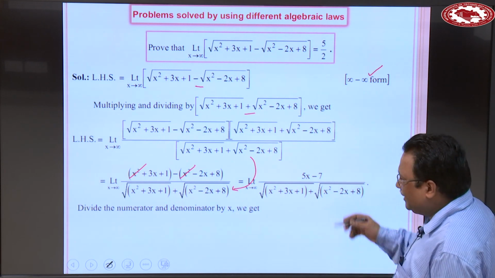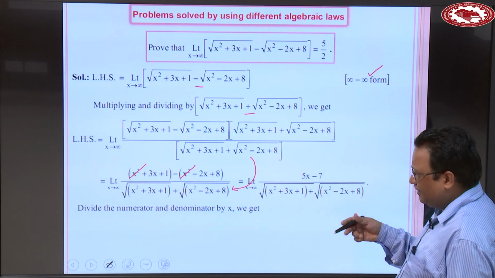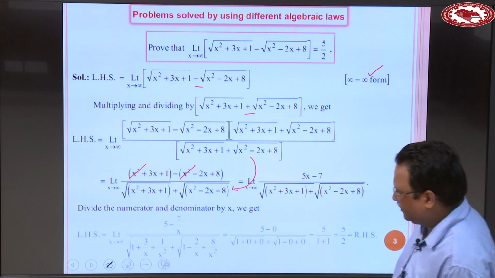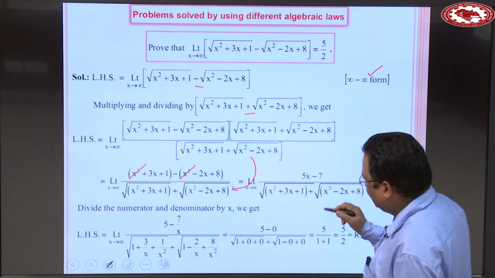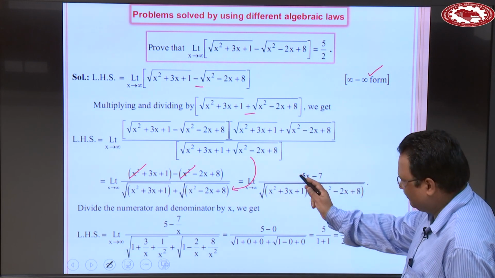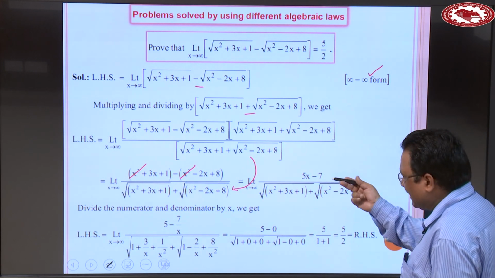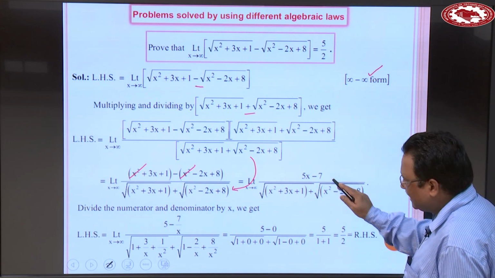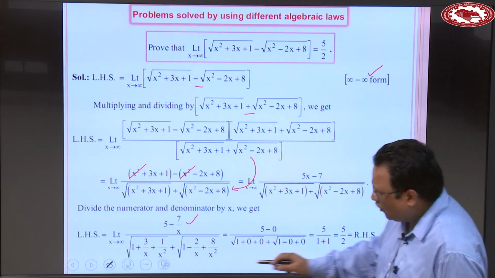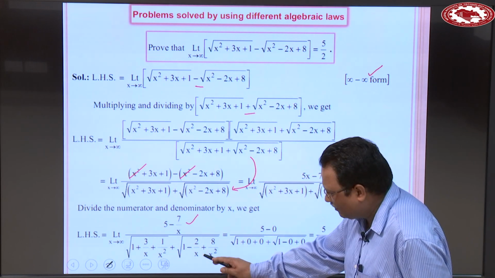Now, divide the numerator and denominator by x. So, when you divide the numerator and denominator by x, we obtain limit x tend to infinity 5 minus 7 over x in the numerator, and denominator becomes square root of (1 plus 3 over x plus 1 over x square) plus square root of (1 minus 2 over x plus 8 over x square).